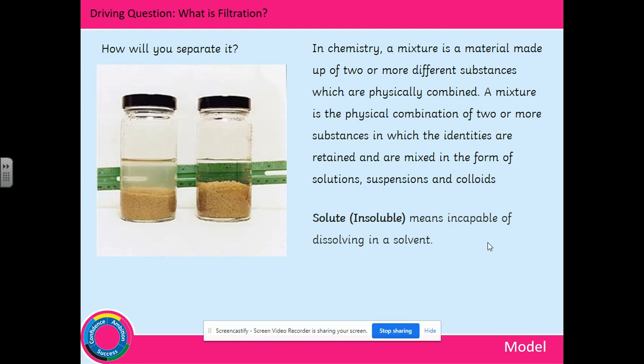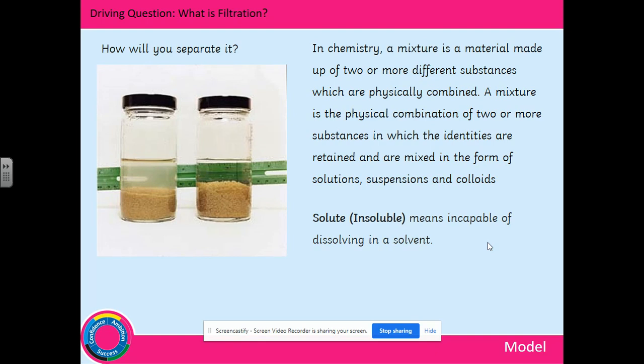A mixture is a physical combination of two or more substances in which the identities are retained and are mixed in forms of solutions, suspensions, and colloids. Now remember, in a mixture, the substances or particles used are mixed but are not chemically combined with each other. It simply means that they can be separated into their different components.